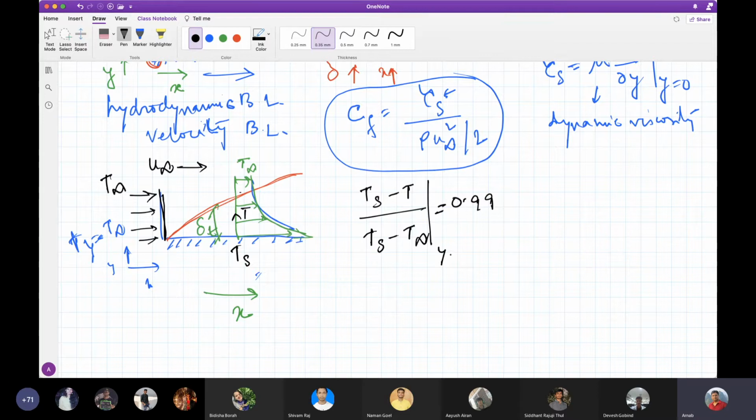The y at which this happens is the thermal boundary layer thickness.